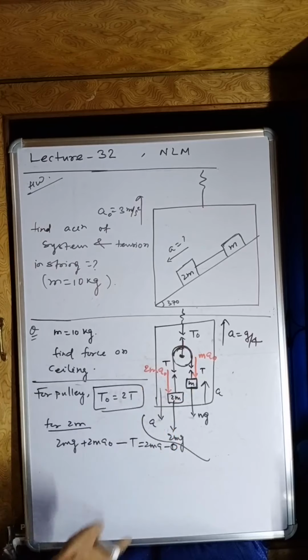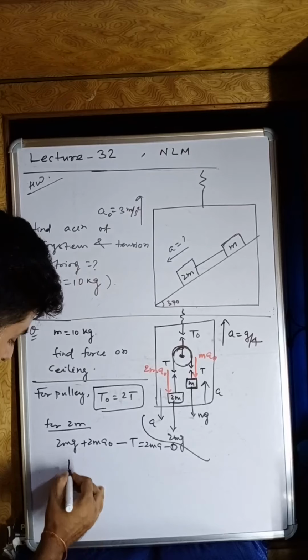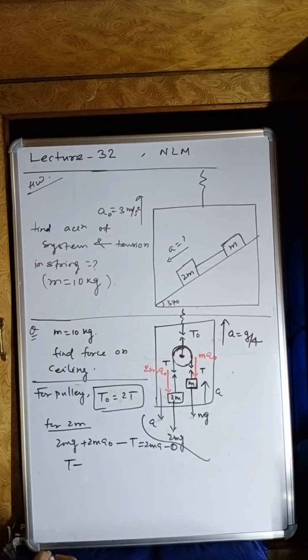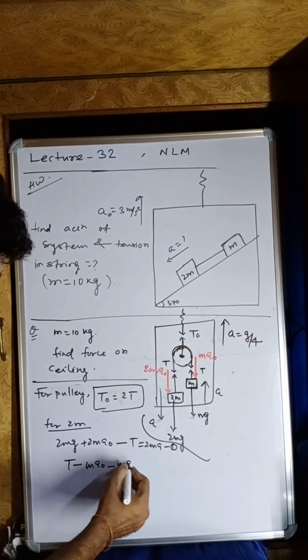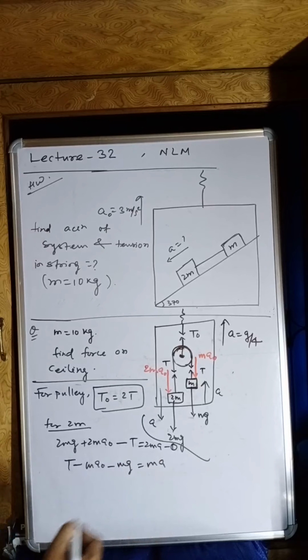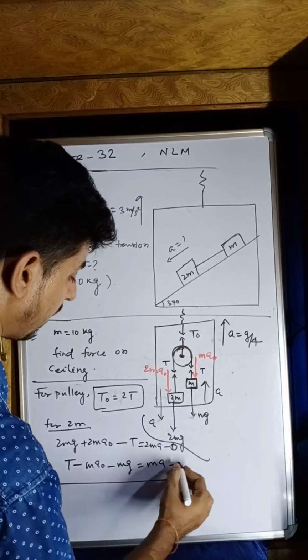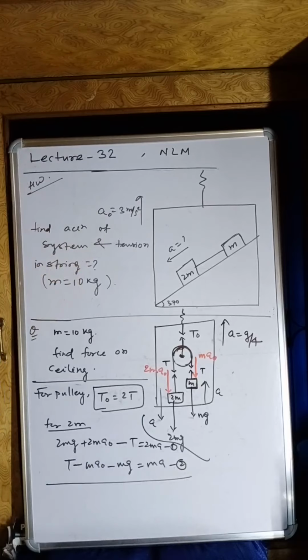Now for this body, if it is moving up, which force is responsible for taking this body in the upward direction? T. So T minus, in the downward direction there are two forces, m a naught and mg, is equal to ma. Am I right? Kindly sum these two equations, and you will find the value of T as well as a.